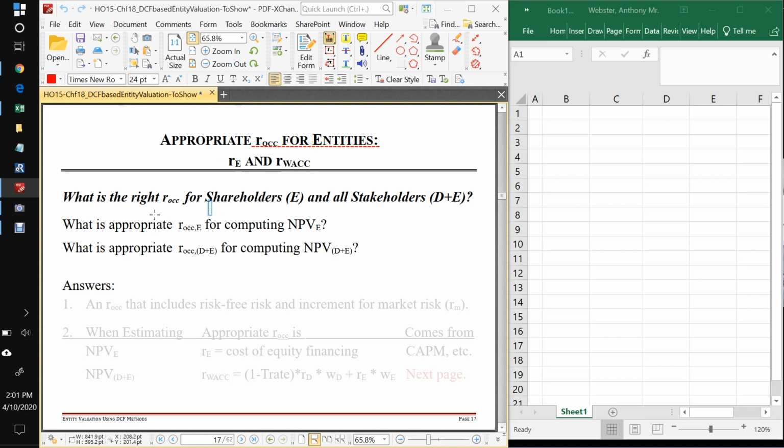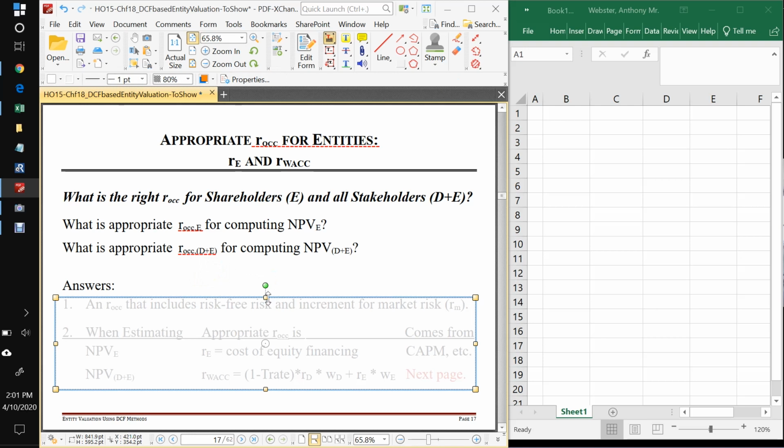So what is the right opportunity cost of capital in these two cases, valuing for owners, valuing for everybody? When we're looking for owners, we'll call it ROCC comma E, meaning opportunity cost of capital for just owners. And when we're valuing the entity for everyone, we'll call that ROCC D plus E. Okay.